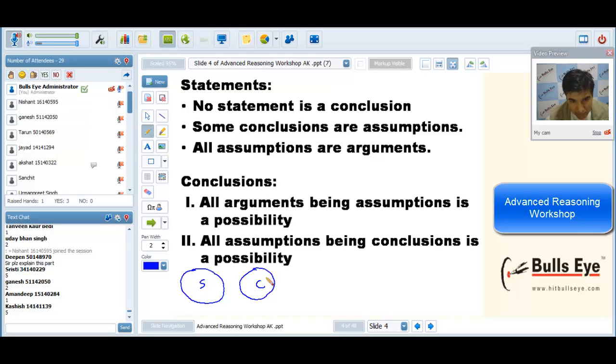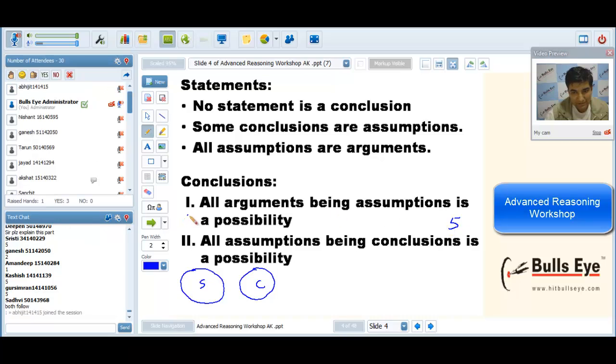Okay, I think most of us have solved this. Let's have the answer to this question. The answer is, people, the fifth option, that is both follow.